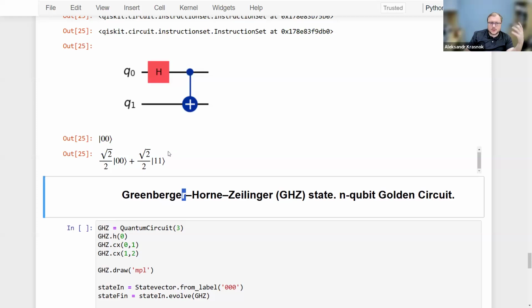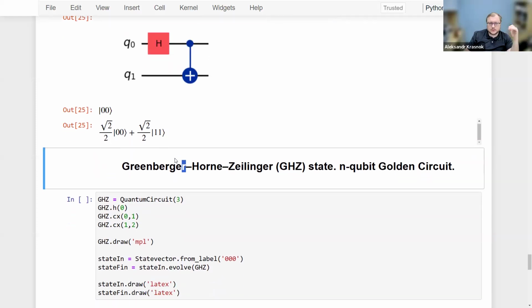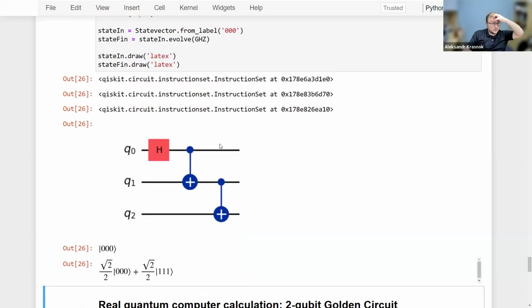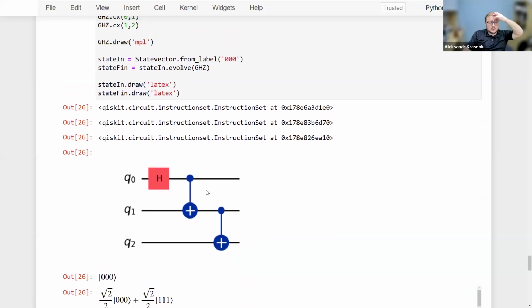Of course, one can generalize this approach to a system of more qubits. For example, for a system of 3 qubits, in order to generate this entangled or perfectly entangled state, you can use such a circuit here.